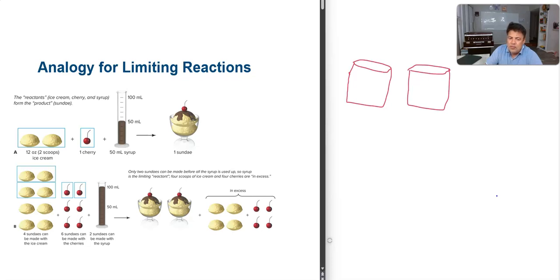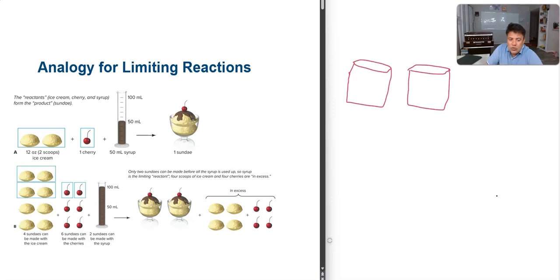Similarly, 4 scoops, 2 cherries, and 100 ml gives you 2 sundaes. But whatever you have available: how many scoops? 1 2 3 4 5 6 7 8 scoops. And how many cherries? 1 2 3 4 cherries.